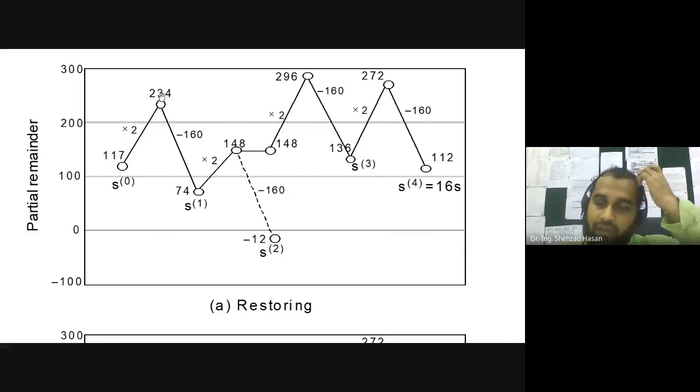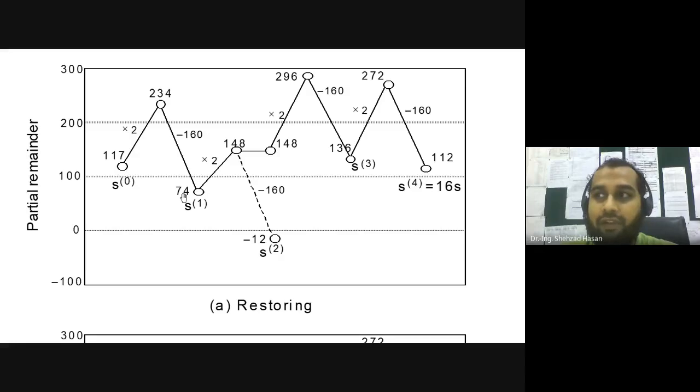And in each step we do a trial subtraction, subtracting 160. As I've shown you, 10 was shifted left to be 160 here. So 234 becomes 74 after subtraction. That was your first step, 74.